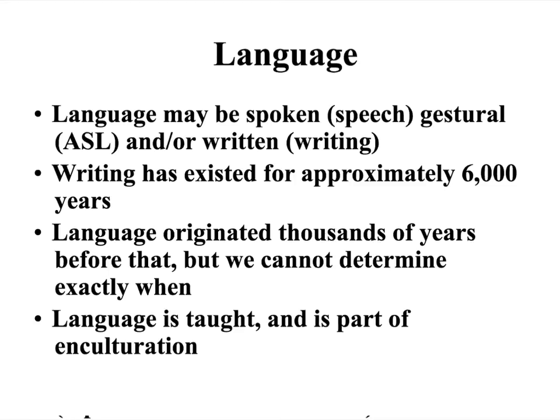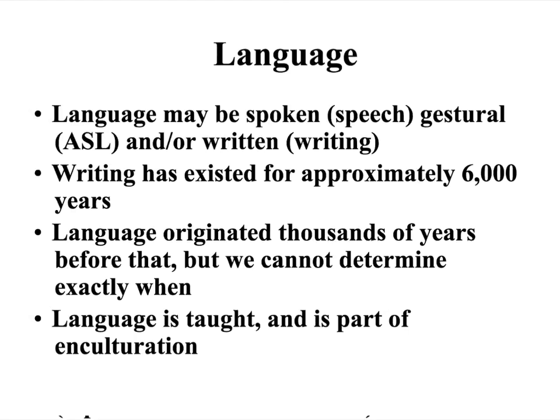Language is most often spoken or is oral. All languages have some sort of body language or gestures, but some languages, like ASL, American Sign Language, is strictly gestural. And some languages have a written form, but not all.